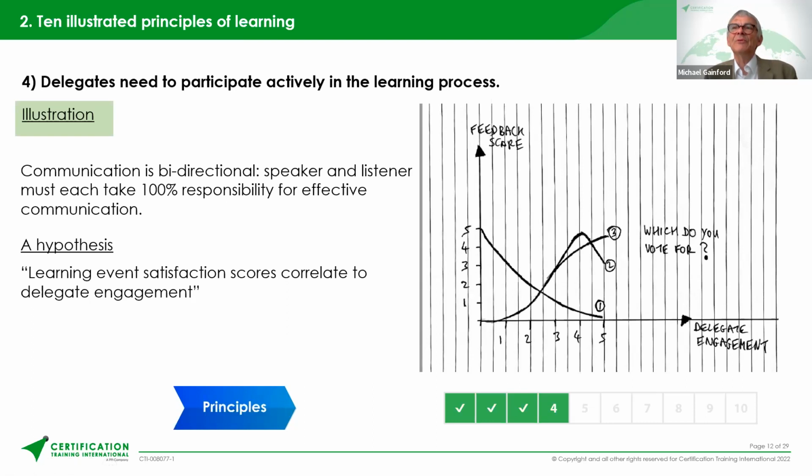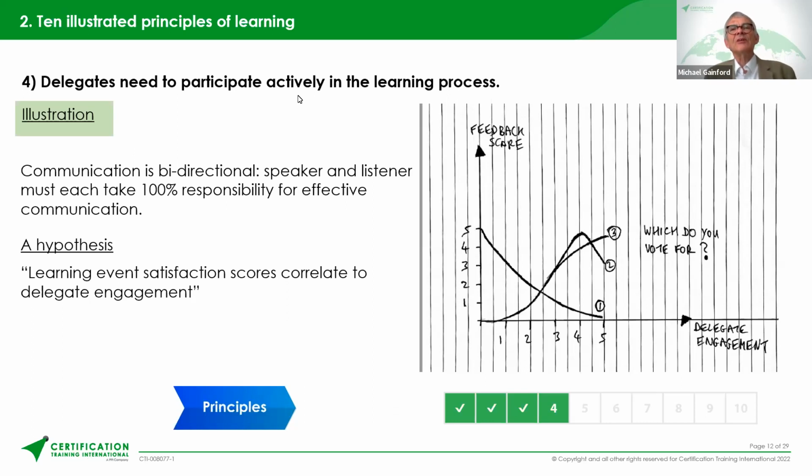So I had a bit of fun and sketched out what I thought these graphs might look like. Maybe you've got an idea what the graph looks like, and maybe you think one of these makes more sense. But I quite like number 2, because occasionally, not very often, one particular delegate may want to take too much airtime and may constantly be trying to ask questions and get the attention of the room on that person.